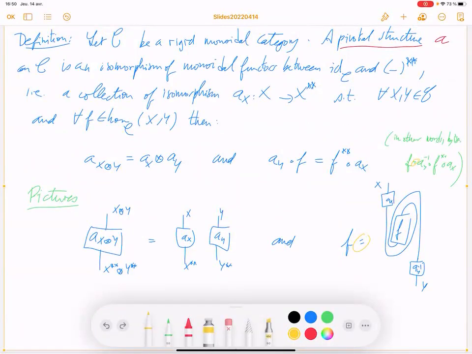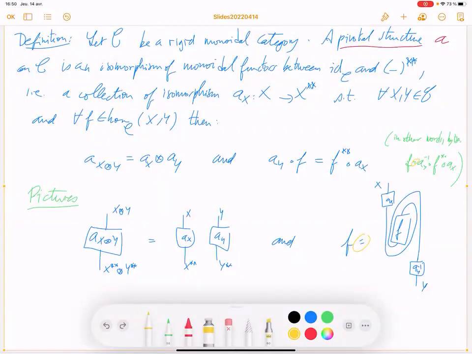What I wanted to say is in the next section: let C be a semi-simple multi-tensor category over a field, and let V be an object, then V is isomorphic to its double dual.